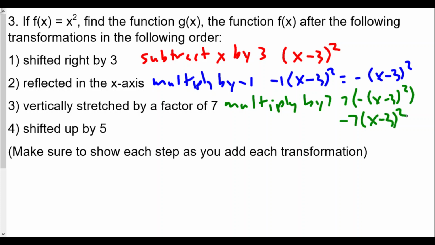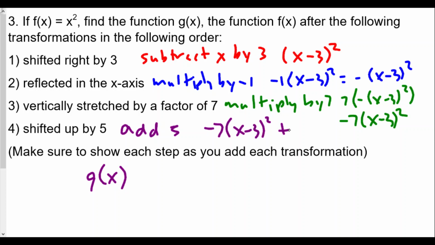And finally, shift up by 5 means we're going to add 5 to the very end, and we get g of x. So add 5 to the very end: we have negative 7 times x minus 3 squared, and we add 5 at the end. Because when shifting up by 5, it's going to be adding 5 outside the parentheses. So g of x is going to be negative 7 x minus 3 squared plus 5.